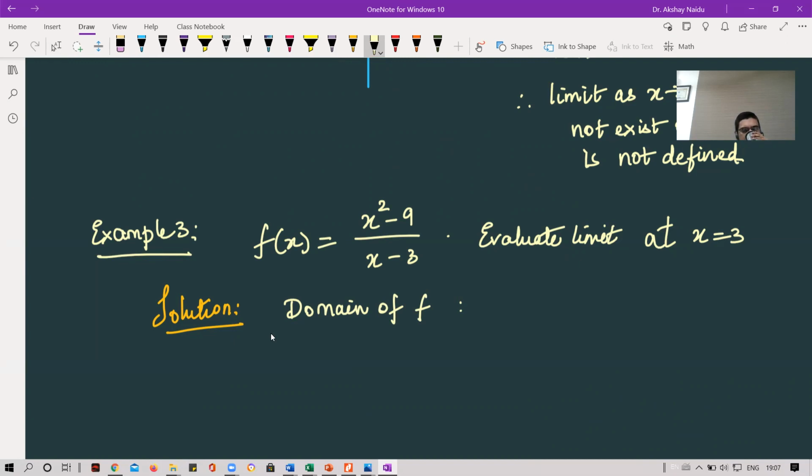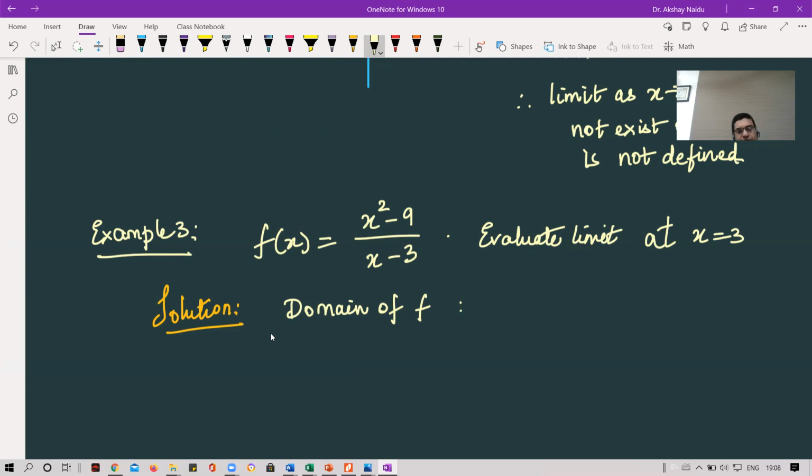For a function to be defined, what are the conditions you put? Denominator must not be equal to 0. Expression under the root must be positive, so there is no root here. Only thing is denominator must not be equal to 0.